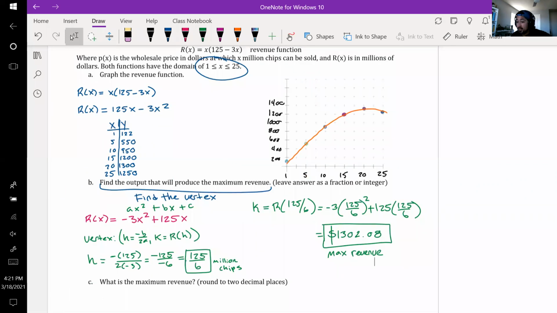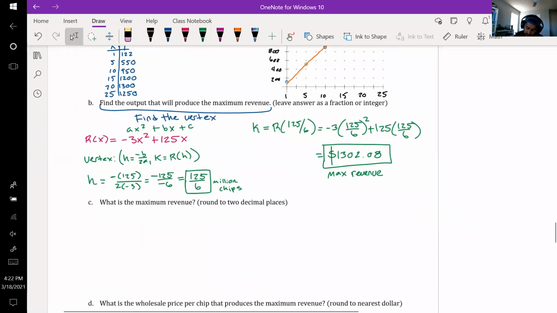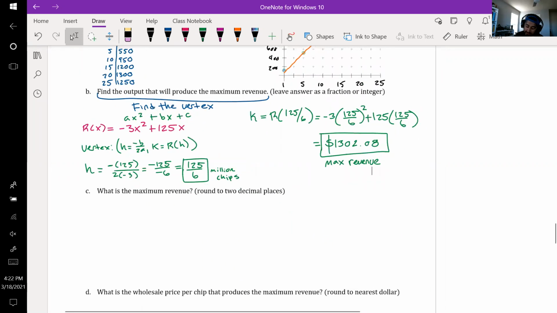So what this means is that if we make 125 over 6 million chips, our maximum revenue is going to be $1,302. Oh, sorry, I did B and C together.